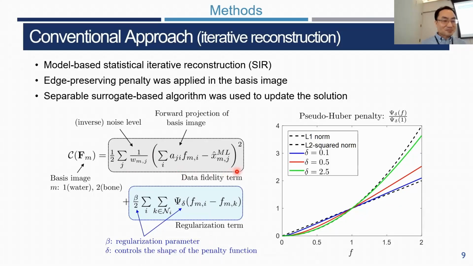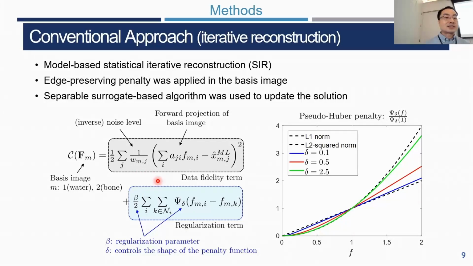I see. I'm sorry, my explanation was not enough. Regularization there is applied in the image domain, like a Markov random field, right? We apply it in the image domain, where F is a basis image, and we fit the data fidelity term. That's the MBIR.